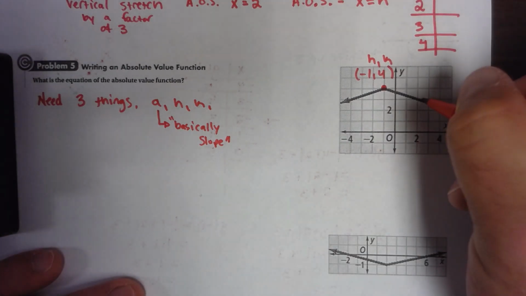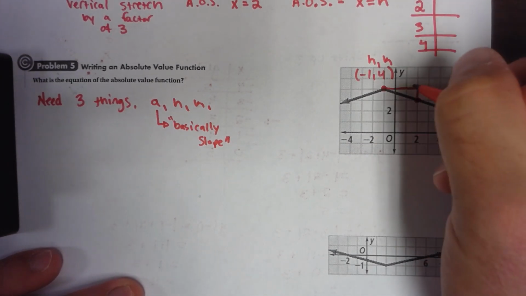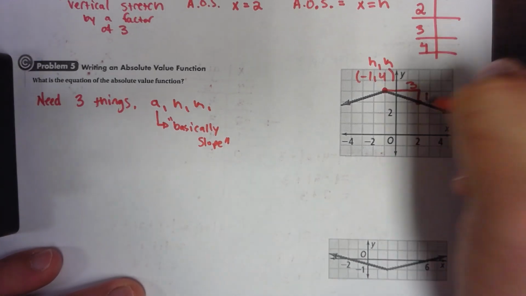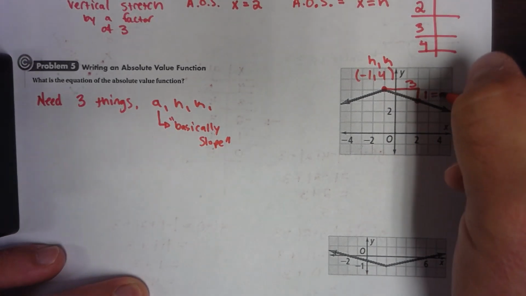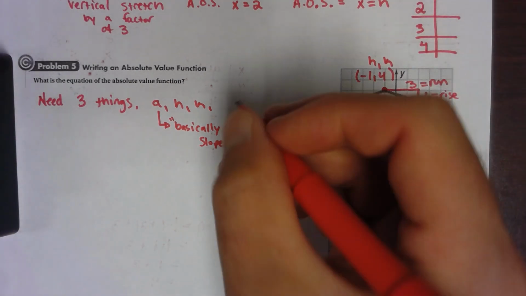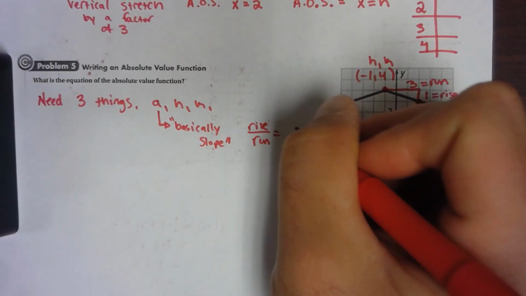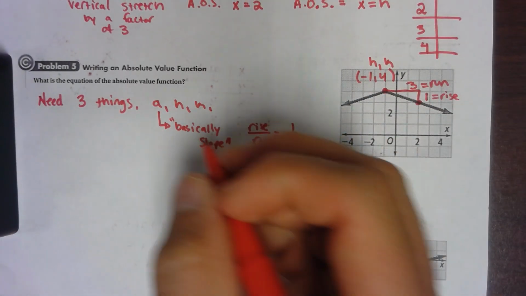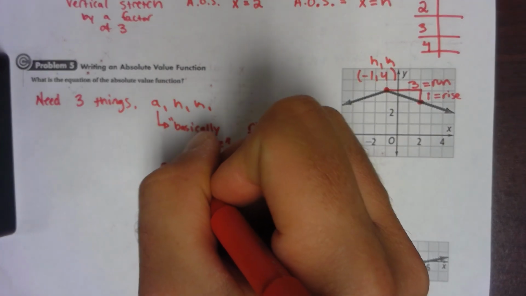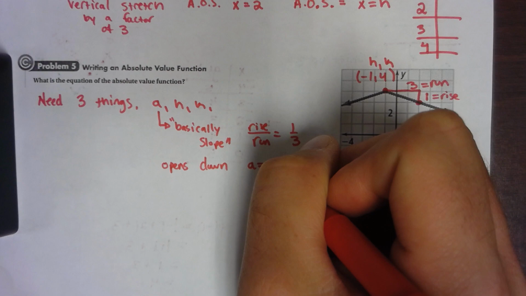So my slope here, I'm going to put another point right there. My rise over run, I'm having to go right 1, 2, 3, and then down 1. So the rise over run is 1/3. So our a value is 1/3, but since it opens down, it needs to be negative. So it opens down, and thus a equals negative 1/3.